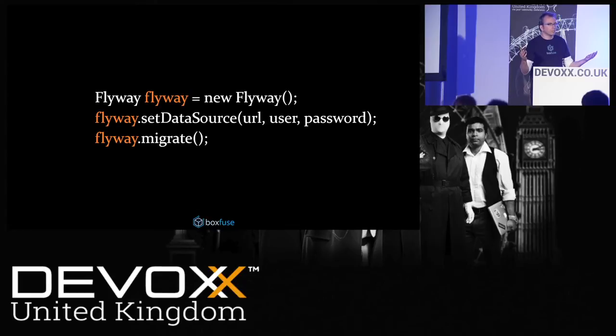Important, you need to do this before whatever persistence tool you're using starts up. So if you're in the Spring world, this would be a bean, for example, with XML configuration, where you have some kind of depends-on relationship, where Flyway needs to run first, so that you can then ensure that by the time a tool like Hibernate starts, the schema is already in the state that Hibernate will expect.